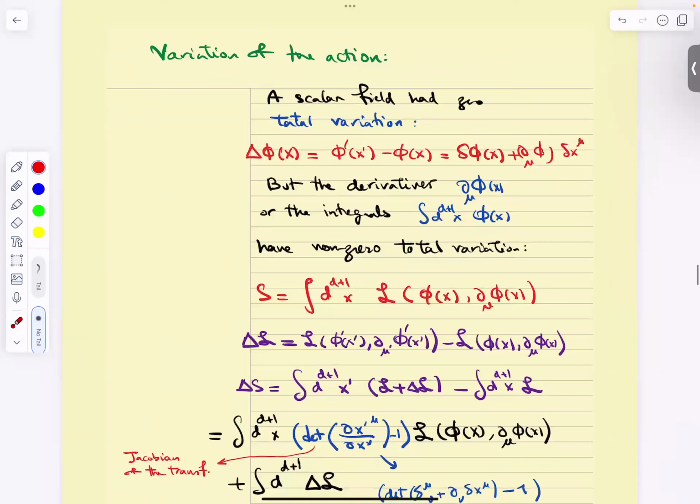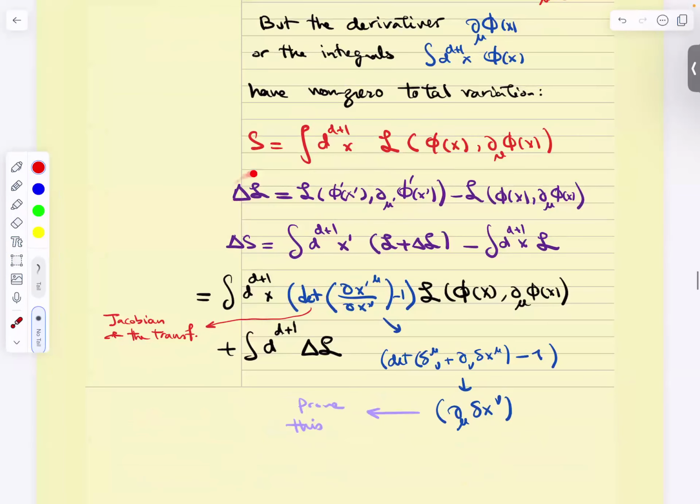So what we're going to do is we're going to make some delta phi and see what the total delta L is and what's the total delta S, right? So to see what the total delta L is, in general, delta involves a change in the field and a change in the coordinates, right? So we're going to do both of them. And delta S is going to be L minus delta L minus this guy, right?